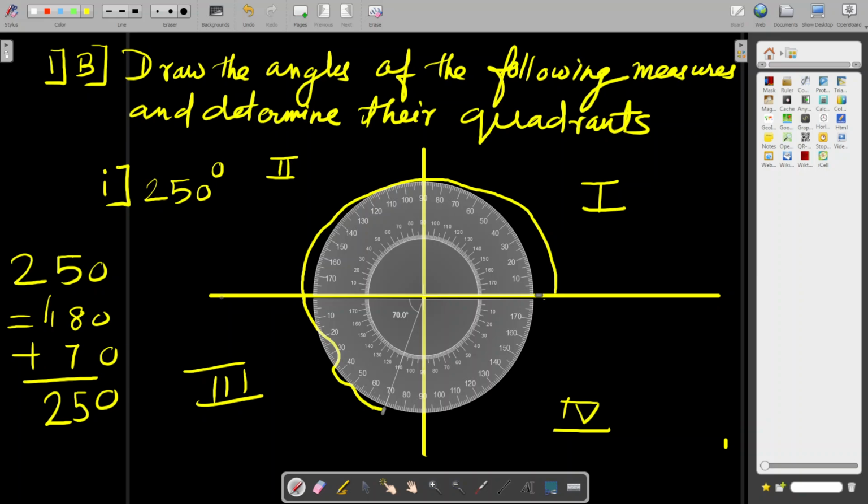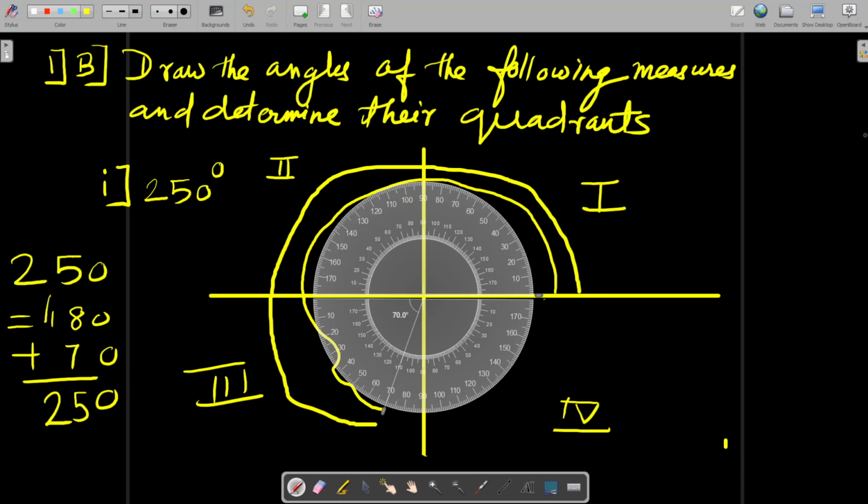This angle is positive, so we will go in anti-clockwise direction. From the figure, the given angle terminates in third quadrant.